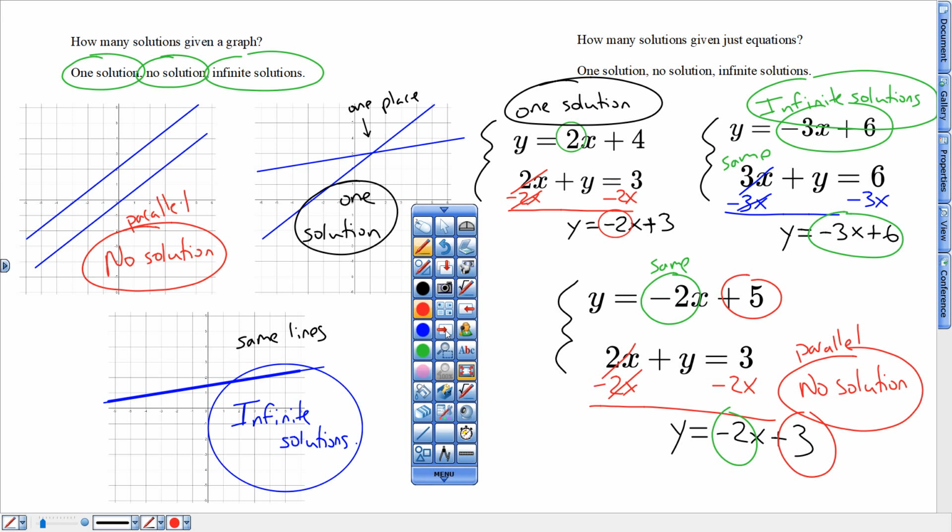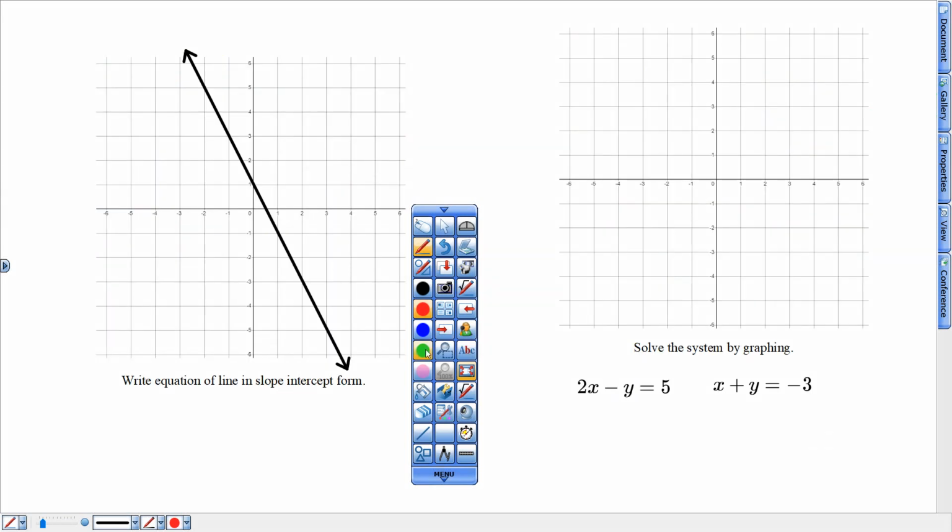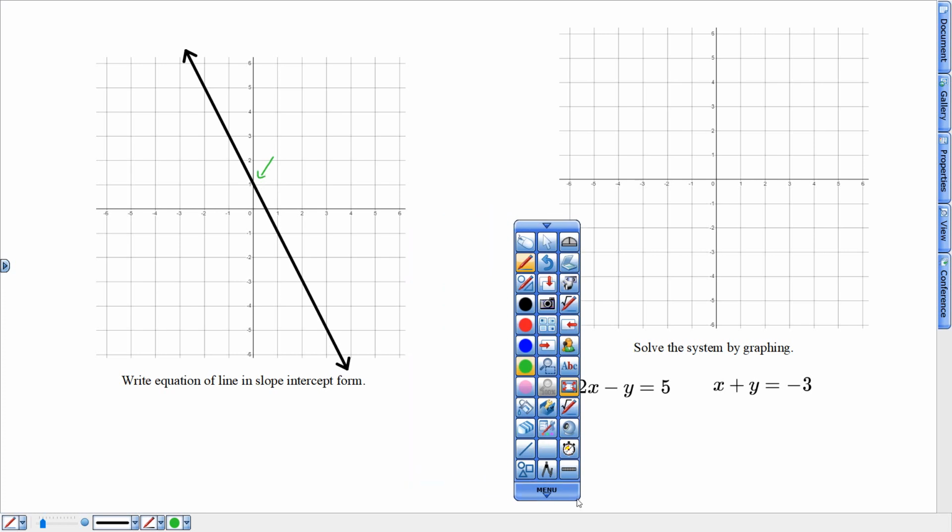All right, let's keep going, showing you more of these. All right, here we go. The y-intercept is this number right there. So that's my y-intercept number. Remember, slope-intercept form is y equals mx plus b. And that number is right there, that's plus 1. And now to find my slope, connect any 2 points on this line and do your run and your rise.